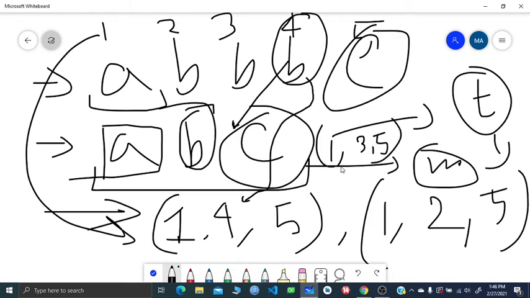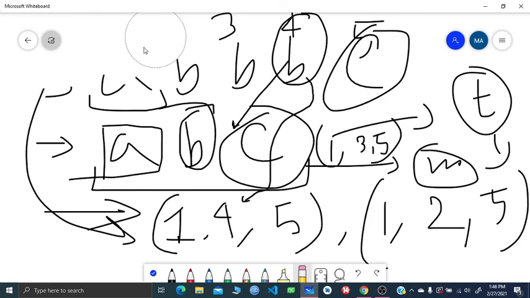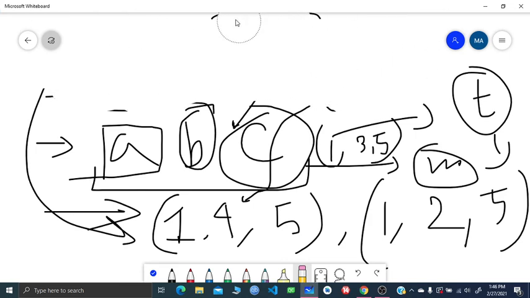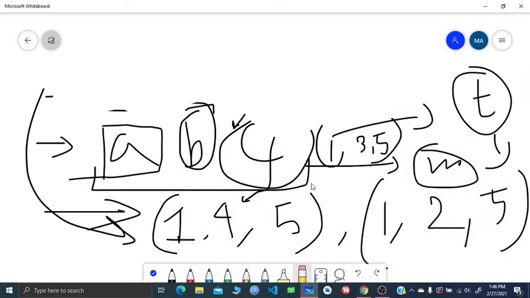So what are the 3 beautiful sequences that I found out from these two strings? One is 135, 125, and 145.